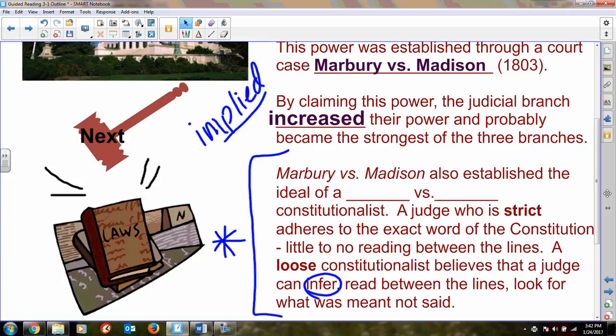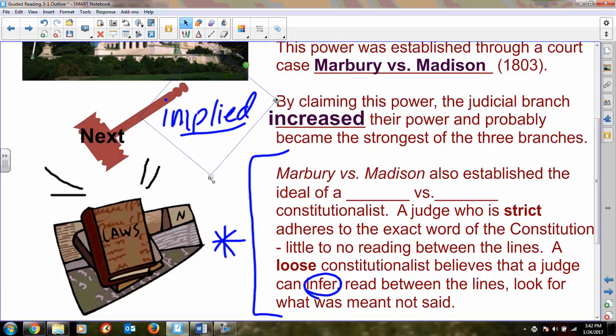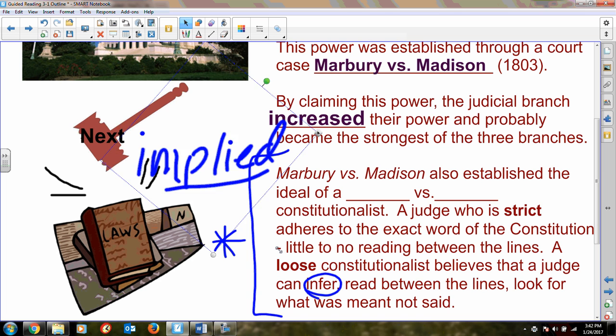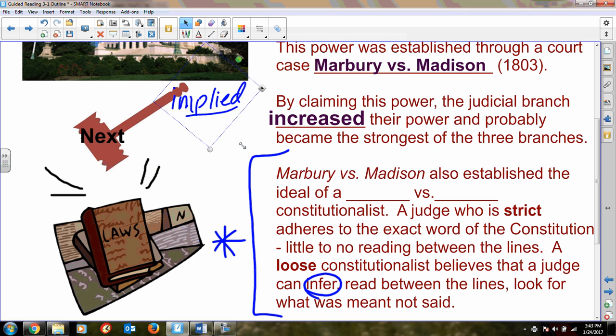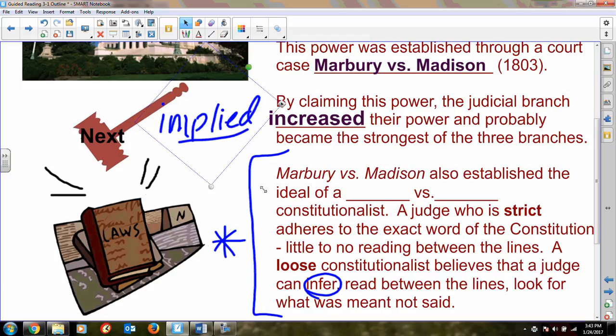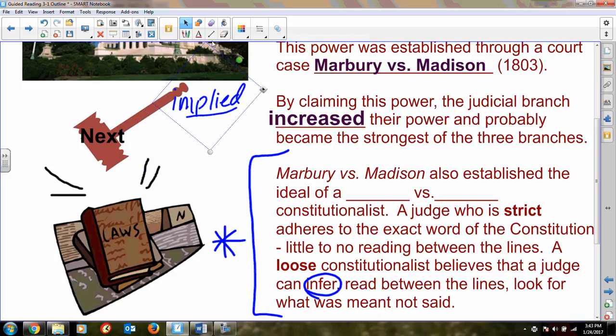Because it's nowhere in the Constitution, this power is, of course, seen as an implied power, a power that comes about because of the Elastic Clause. The Elastic Clause stretches the power of the government to include things that aren't specifically stated.